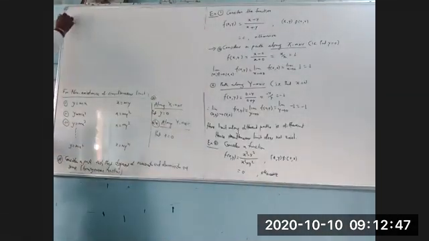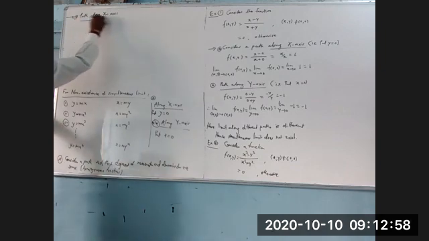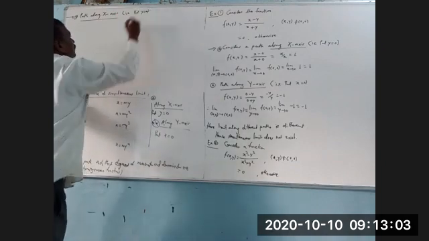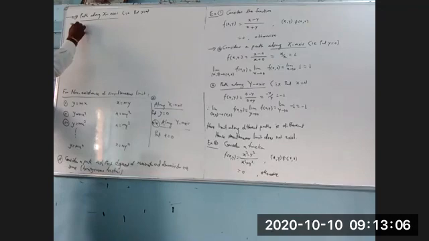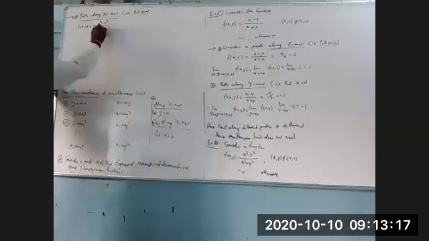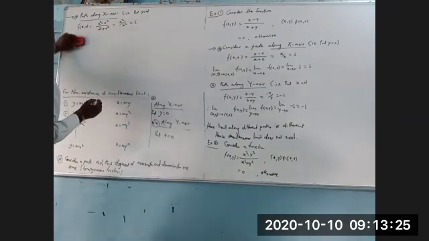Therefore, for the solution, a path along the x-axis means we have to put y equal to 0. Therefore this function is nothing but x squared minus 0 squared upon x squared plus 0 squared, that means x squared upon x squared, that is 1.